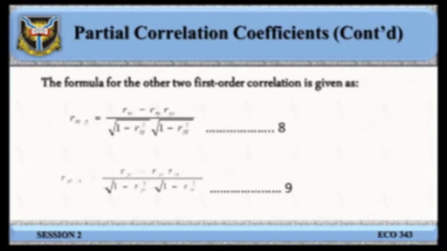The formula for the other two first-order correlations is given as Rxz.y is equal to Rxz minus Rxy Ryz over square root of 1 minus Rxy squared, square root of 1 minus Ryz squared.